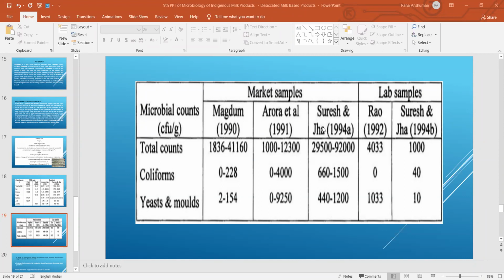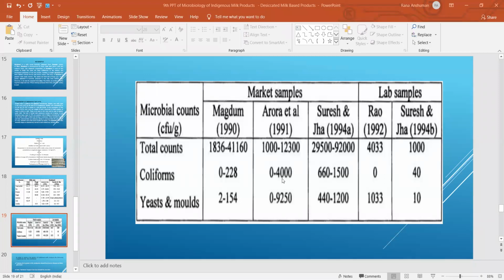And if the same product is produced in the laboratory, you can see the total bacterial load. If you are maintaining very controlled conditions in the laboratory, automatically you can reduce the total number of microorganisms.